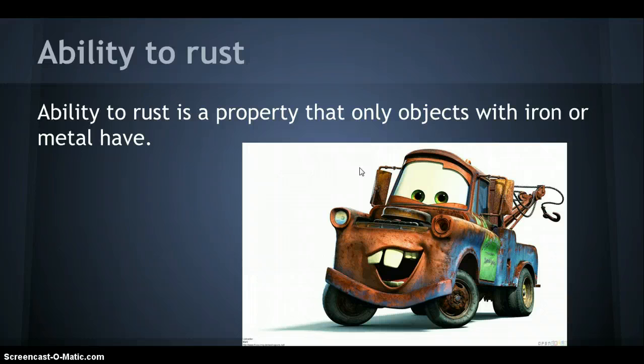But in reality, you are just scraping off the rust, meaning you're actually taking off the substance, whereas you're not reversing the action of rusting. All you're doing is taking off that excess rust, which used to be part of the metal or iron. So the rusting is not reversible, and this makes it a chemical property.